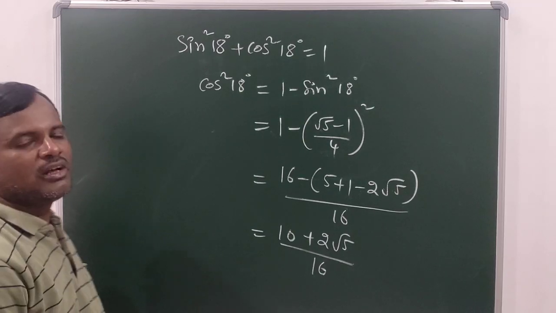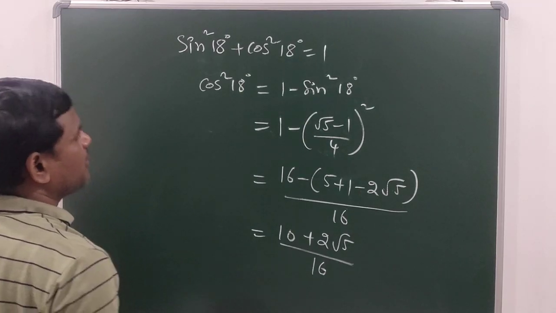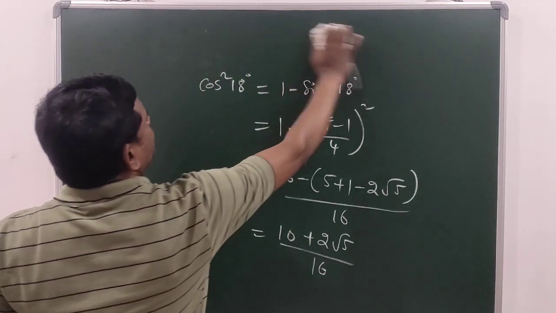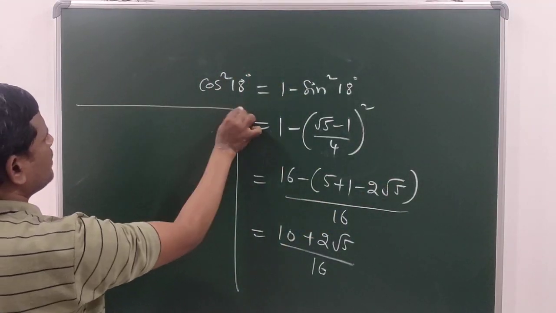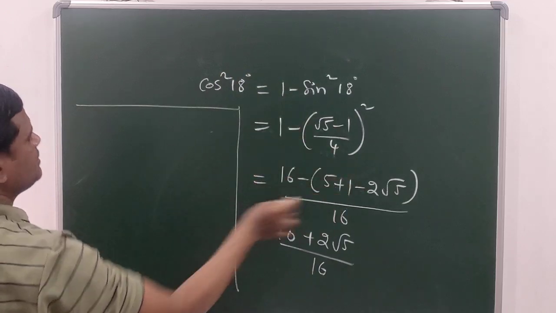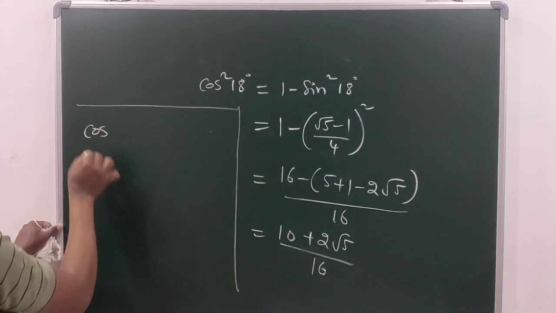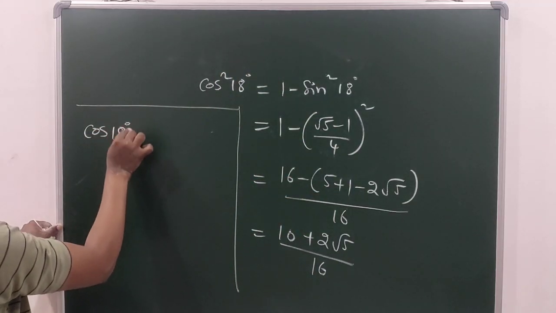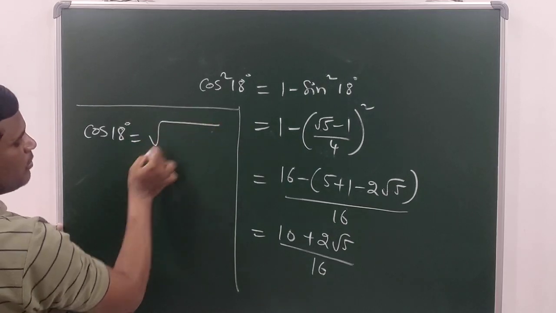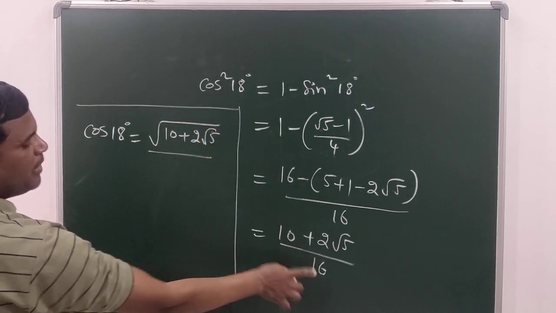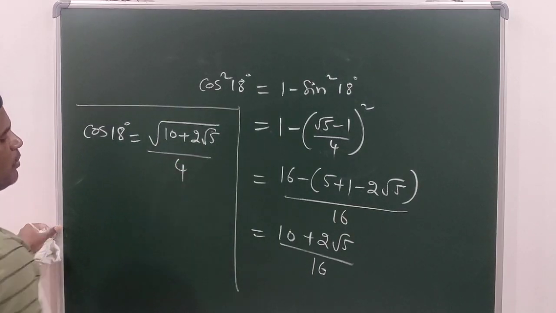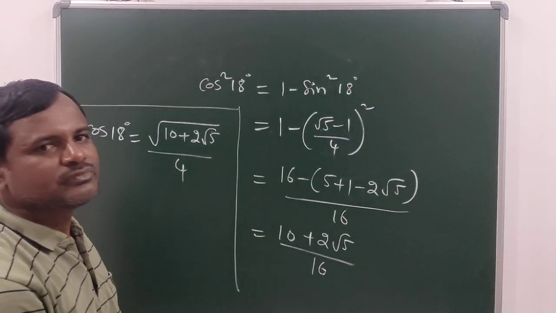Okay. Alright. So hereafter, send the square to the right side. If you send the square to the right side, what do you get? Cos 18 degrees is equal to square root of 10 plus 2 root 5 by root 16. Root 16 value is 4. Okay.